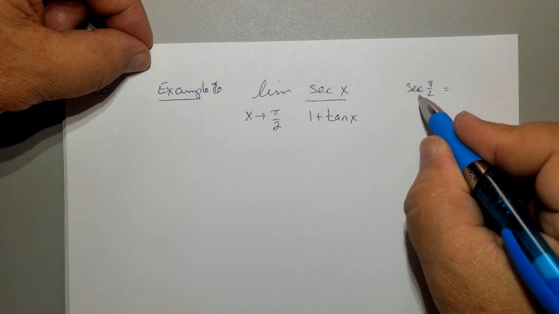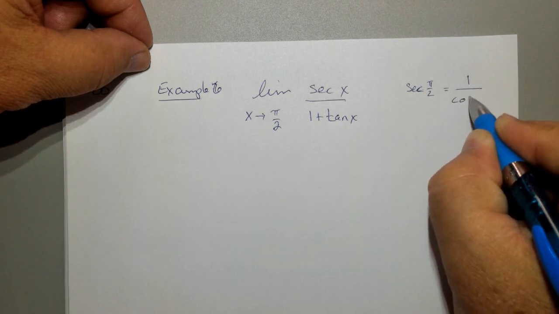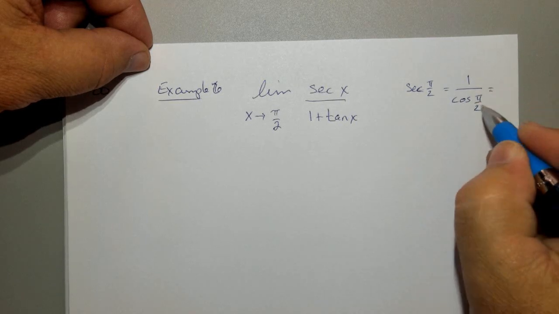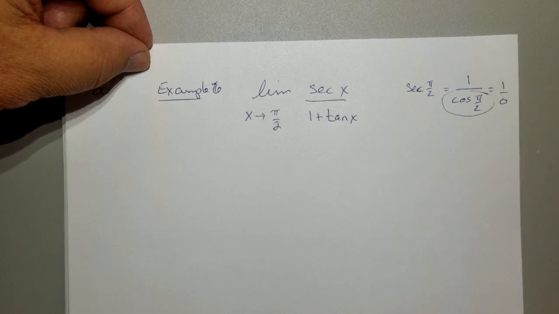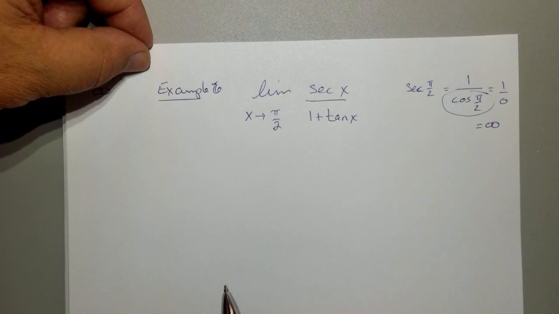Secant is what? Cosine at pi over 2 is 0. So the numerator goes to infinity.